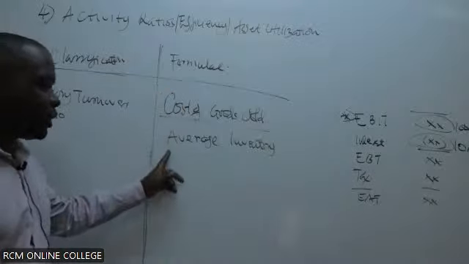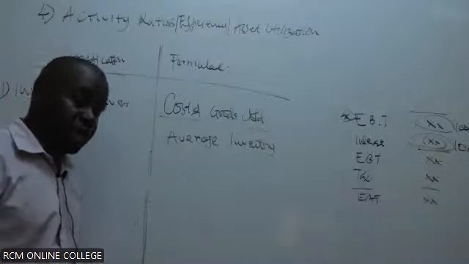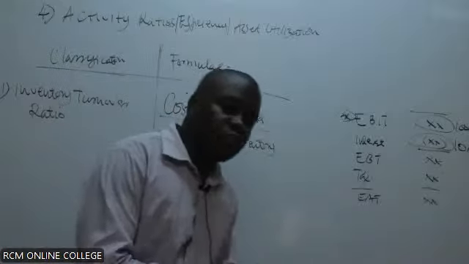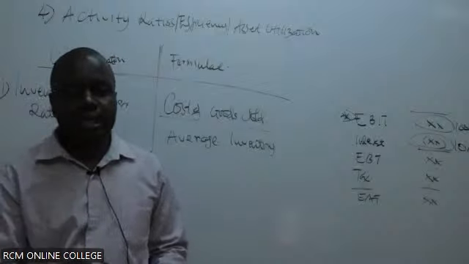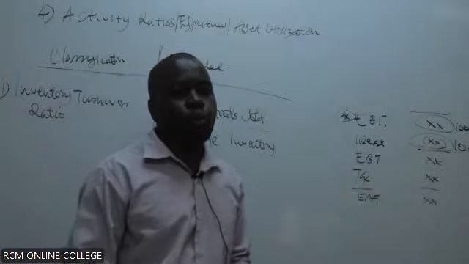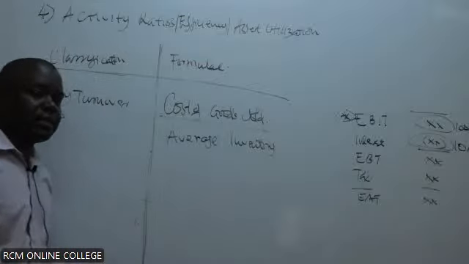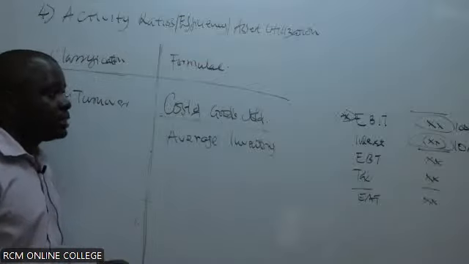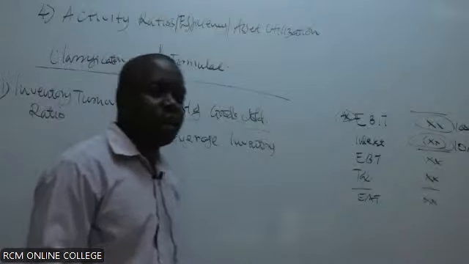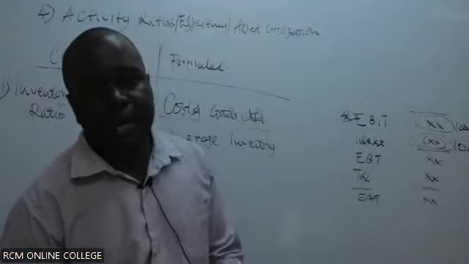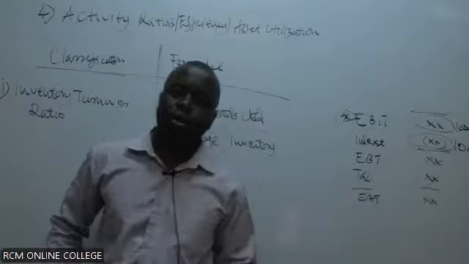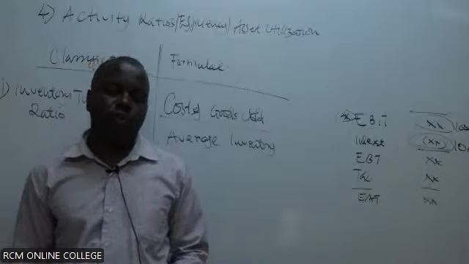The average inventory: if they have given you in the question the opening stock and the closing stock, you add the two, then you divide by 2. But if you haven't been given them, you just take the inventory figure. Let's say you've been given elements of a financial statement for the year 2024.